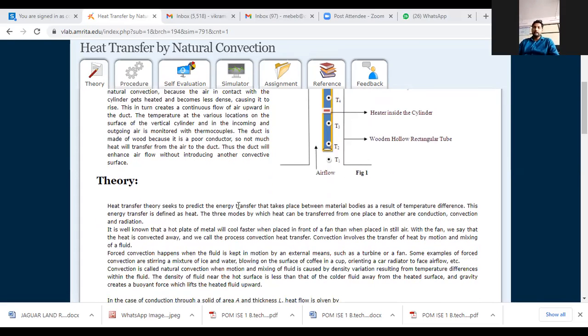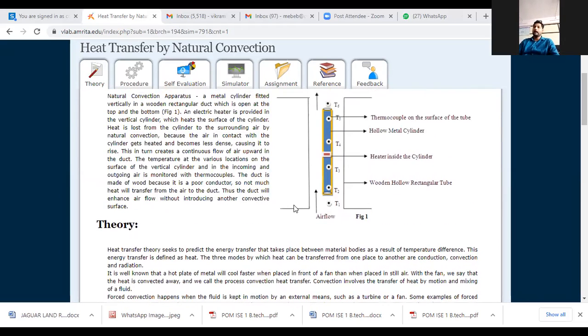Now in convection, we have also discussed one governing law of convection, that is Newton's law of cooling. In that we have discussed that the heat transfer rate by convection is directly proportional to the surface area and the temperature difference between the surface and the fluid.